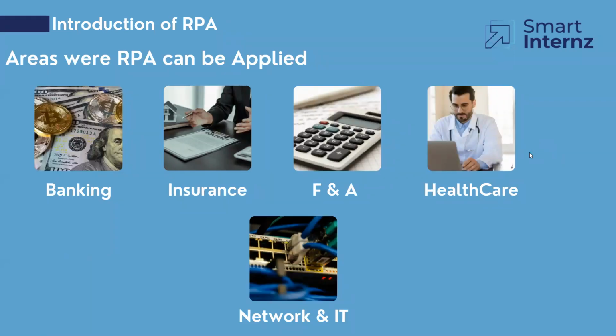So here I have given some areas or sectors where this RPA can be applied. This RPA can be applied in many sectors. I cannot name one, two, three, but I have given here 5 sectors that are used in our daily life. Any one of them we come across in our daily life, right?